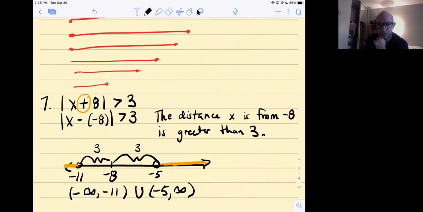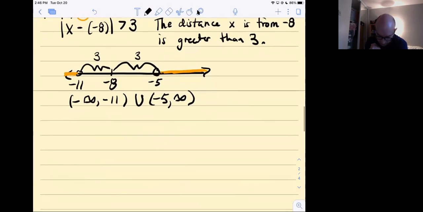Okay, let's go over number 8 as well. So number 8 asks about 13 to 25, and to write it using an absolute value inequality.